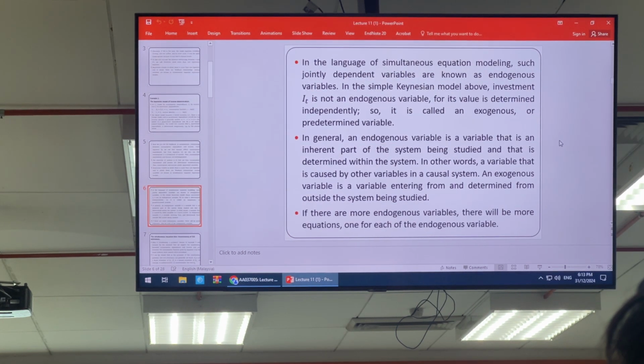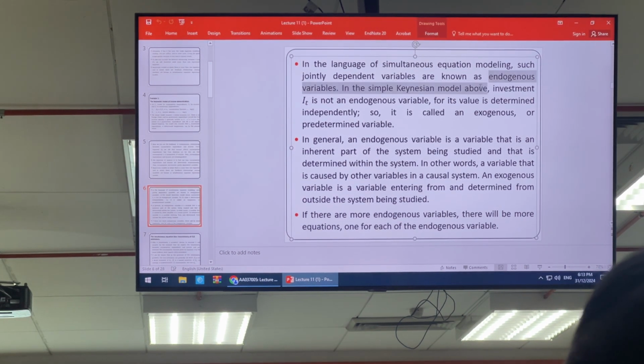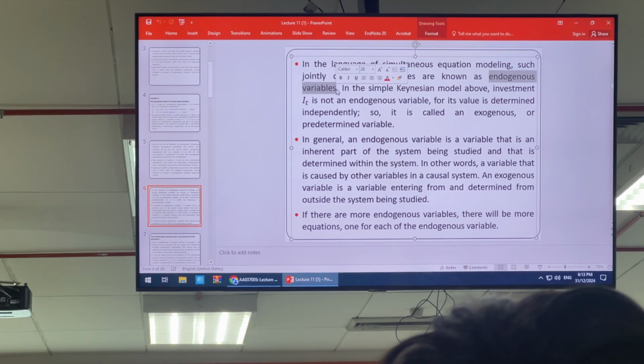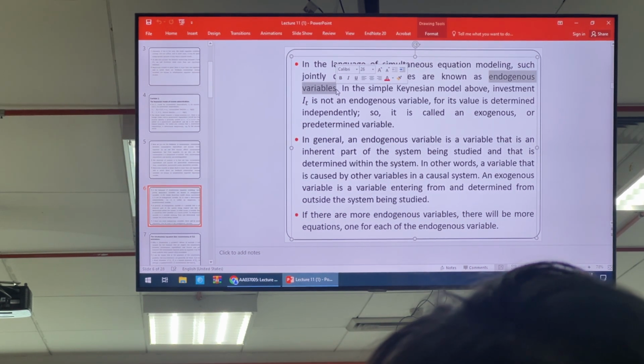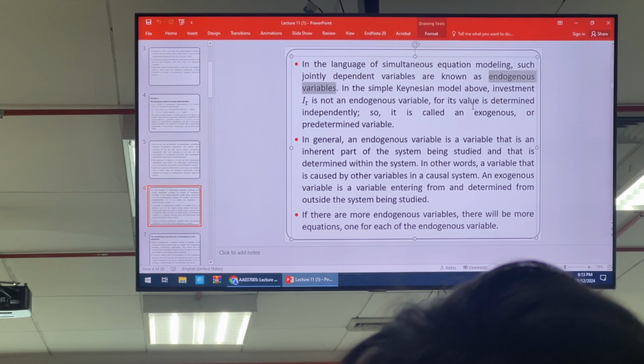In the language of simultaneous equation modeling, such jointly dependent variables are known as endogenous variables. So the variable that represents a dependent variable, we call it an endogenous variable.